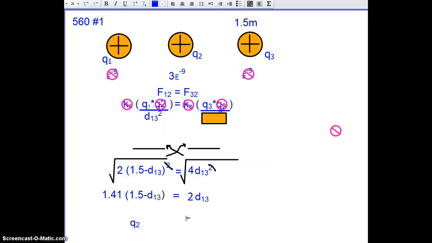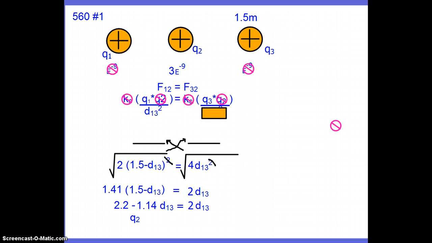Now it's time to do a little bit of multiplying. We have to distribute the square root of 2 here, 1.41 times 1.5, and throw that in right there as well. So let's do our math there and see what pops up. Alright, so there's the math that I got right there.